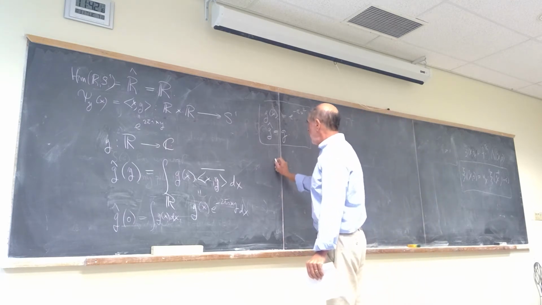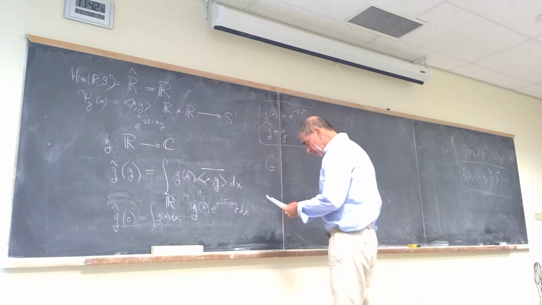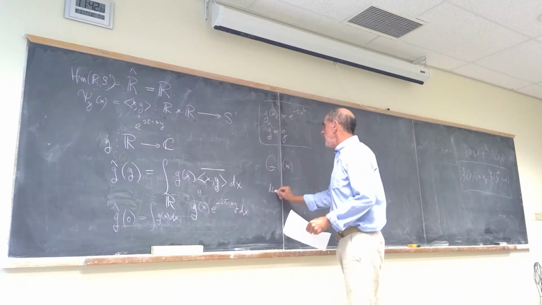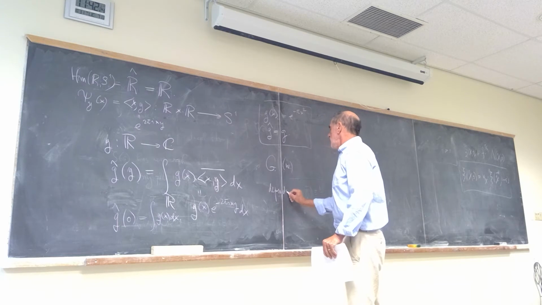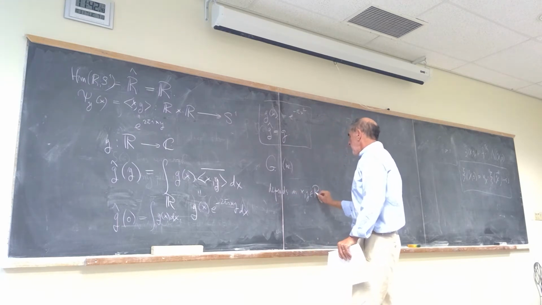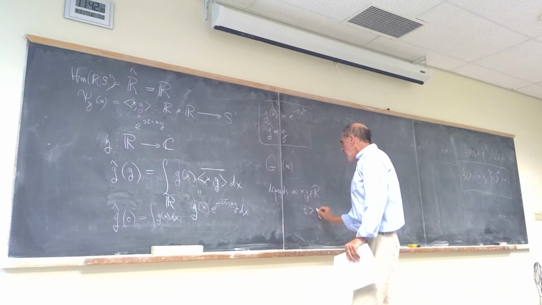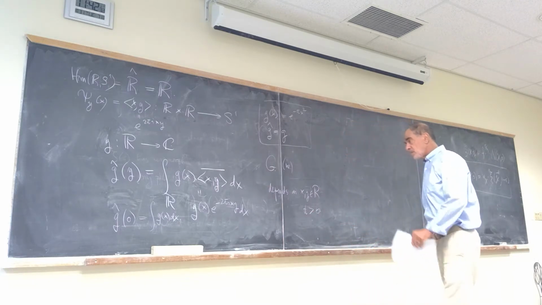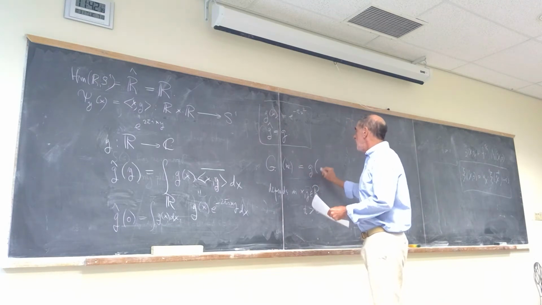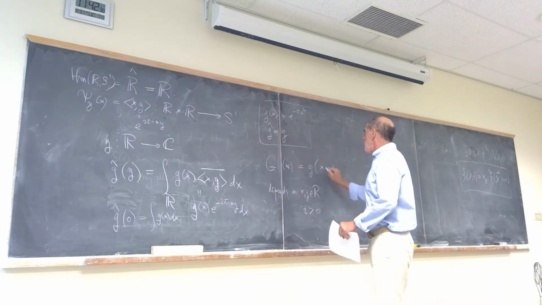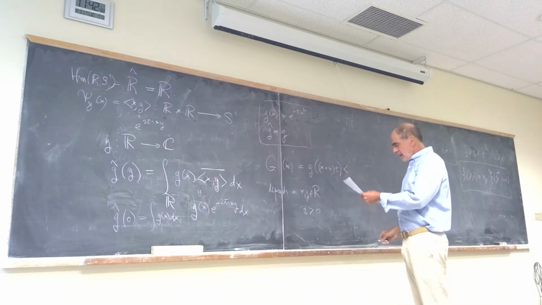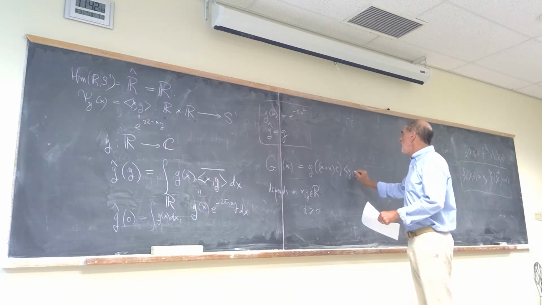So starting with g, I'll define a new function, capital G, of w, which depends on x and y, which are real numbers, and t, which is a positive real number. And it is, by definition, g of x plus w times t times the pairing of y with w.